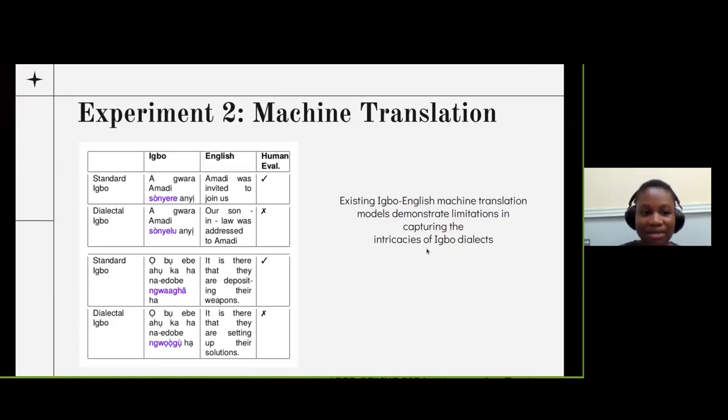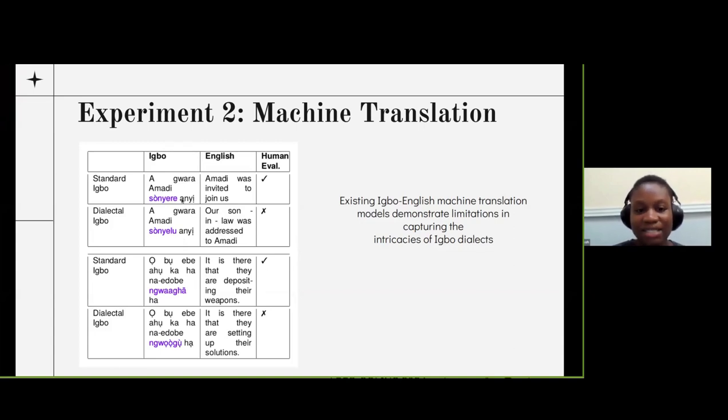And we started asking ourselves, how do we improve these machine translations to actually inculcate the diverse Igbo dialects? An example would be from this chart. You see that for the standard Igbo, we have a dialectal variation of Sonyere and Sonyelo. And in standard Igbo, Sonyere is the standard Igbo.